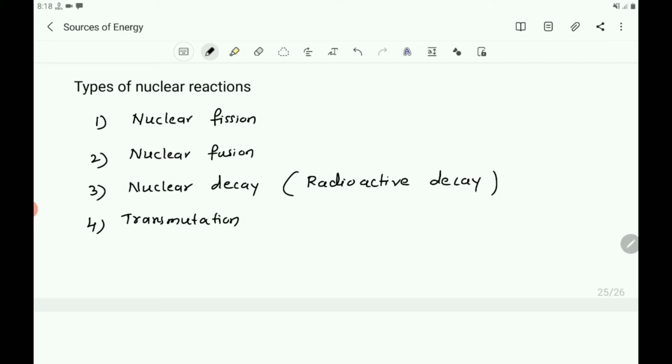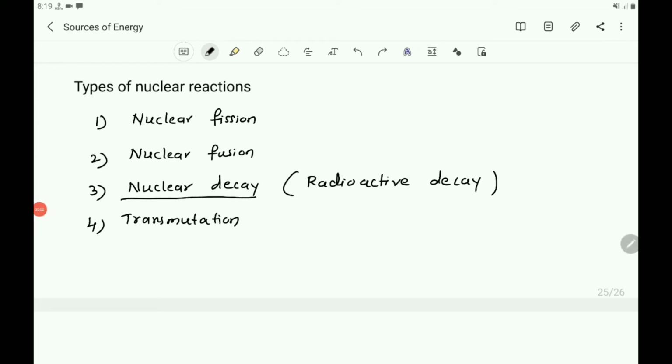In nuclear fission, a heavier nucleus breaks up into lighter nuclei when it is bombarded with low energy particles like neutrons. In nuclear fusion, two or more lighter nuclei combine to form a heavier nucleus, and in both cases there is a liberation of a large amount of energy.